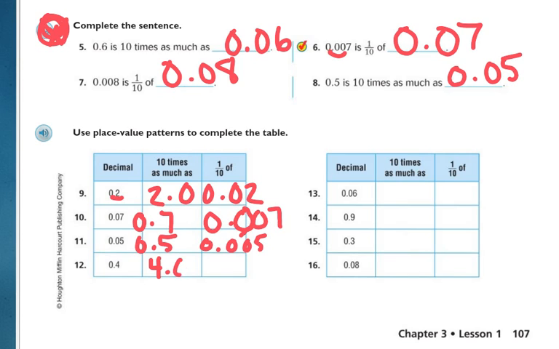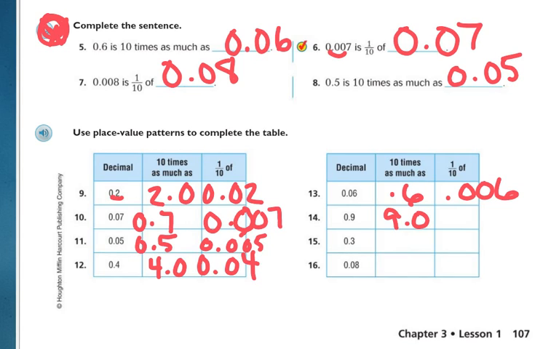0.4 is going to be 4.0, and then when we make it smaller, it's going to be 0.04. Okay, same thing over here. We're going to do the same thing. 0.06 is going to be 0.6. Okay, and the next one's going to be 0.006 because we're moving the decimal point the other way to make it smaller. Then we have 0.9 or 9 tenths is going to be 9.0 or straight 9.